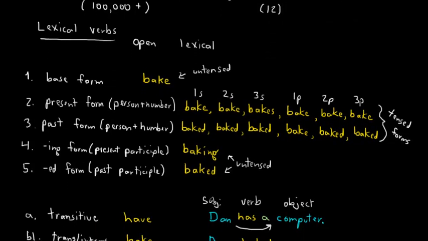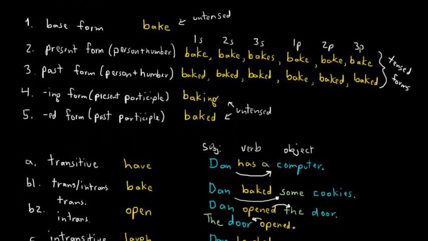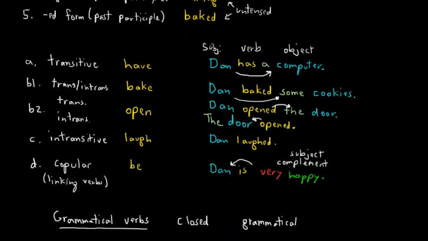They come in 5 forms. The base form, which is what you'll find in the dictionary, a present form that modifies more or less with person and number, a past form which may modify with person or number, an ing form, also called the present participle, the ed form, also sometimes called the past participle. You have 4 types.